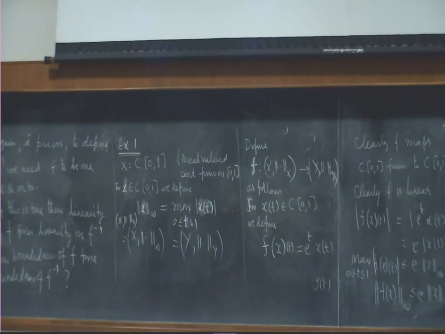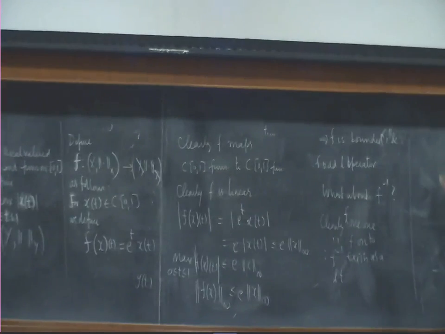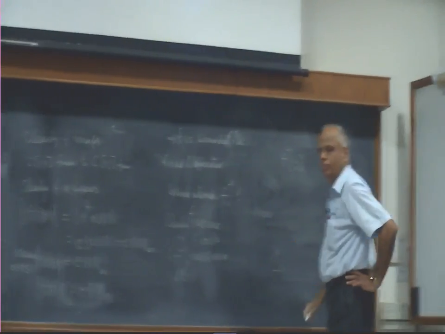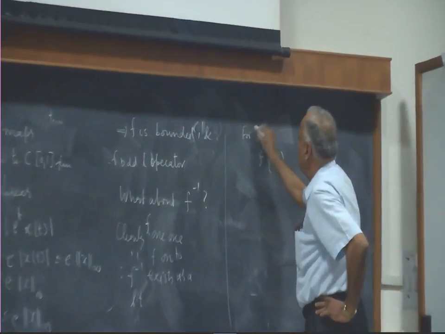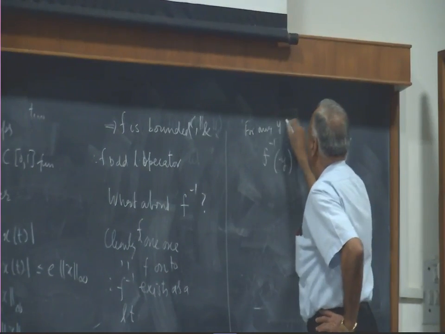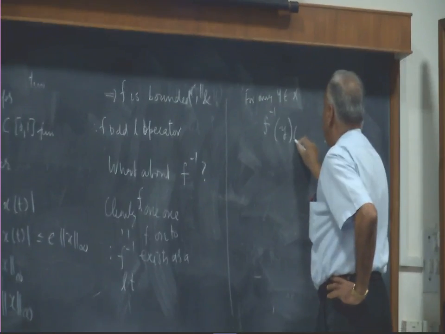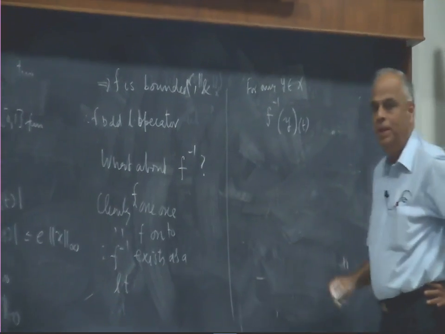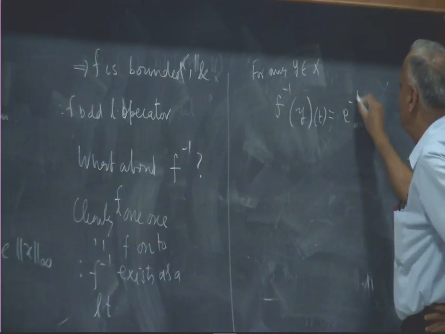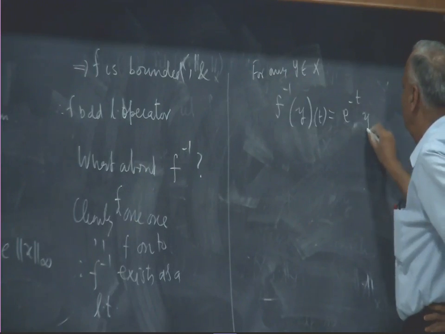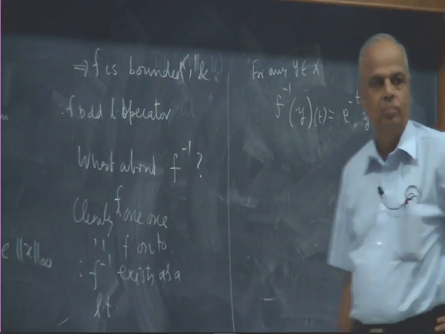Let us look at this. Now, what is f inverse of y for any y belonging to X? It's a function. Its value at any point t is e to the minus t y(t).